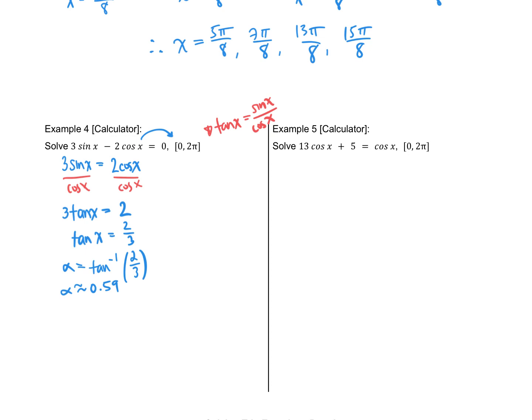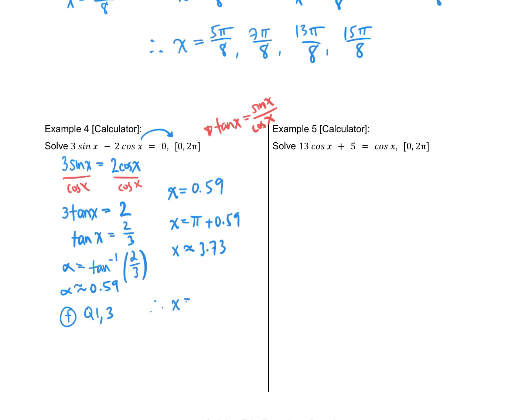So alpha is 0.59. Tan is positive in quadrants 1 and 3. So in quadrant 1, x is 0.59. In quadrant 3, pi plus 0.59. So that's going to be approximately 3.73.